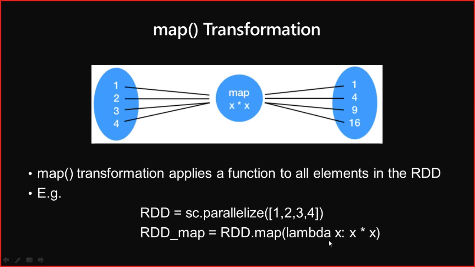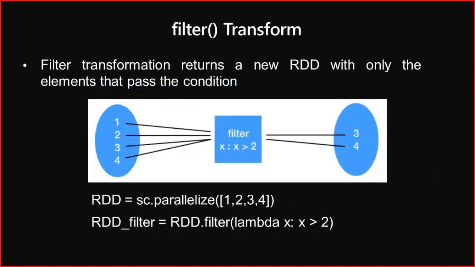We have squared all the variables inside it using a lambda. Then the dot filter method, which we have used earlier, can be done using this as well. It will not create a one-to-one mapping. It will only filter out the data which are greater than 2 here.